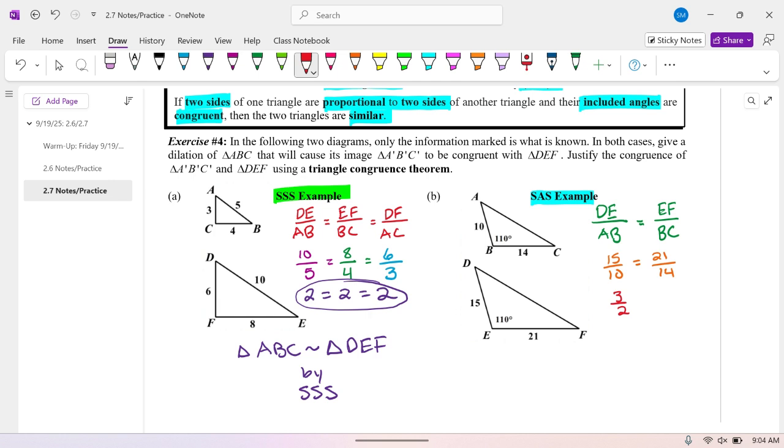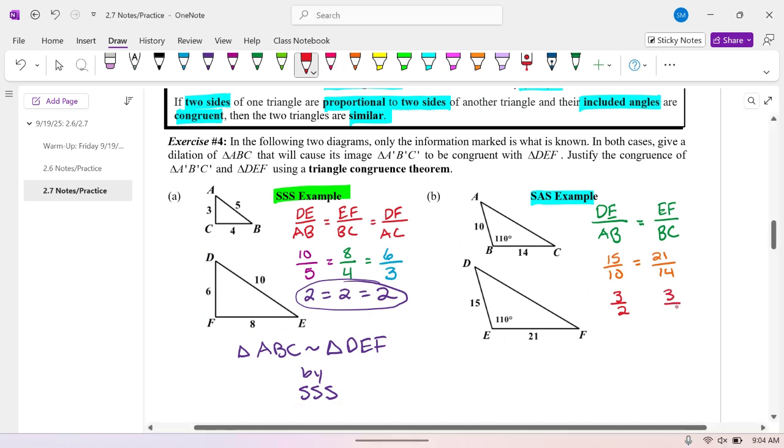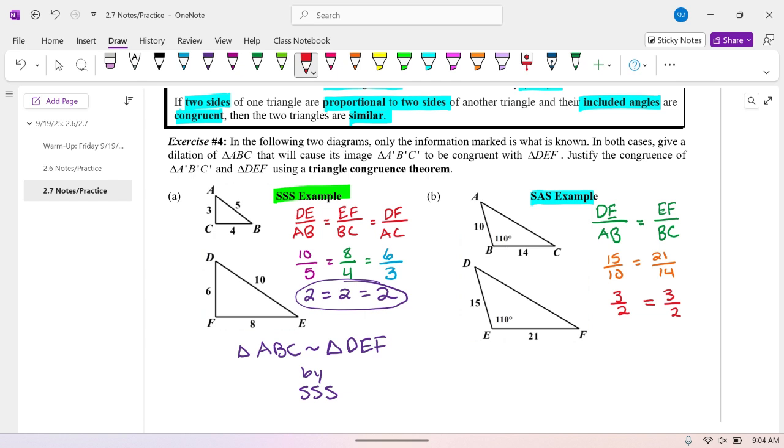What's 21 over 14 simplified? 3/2. They're equal. So, since those two proportions are equal, the two side aspects are fulfilled.